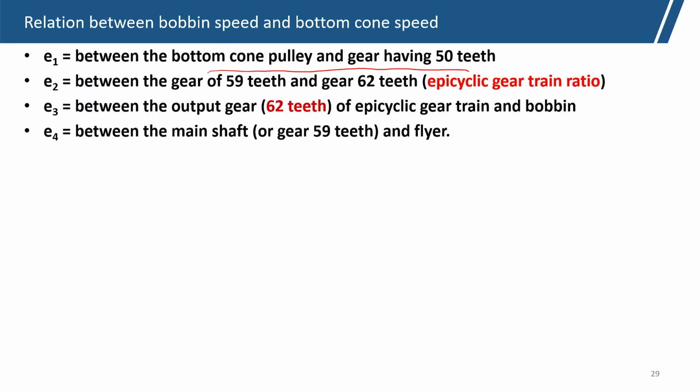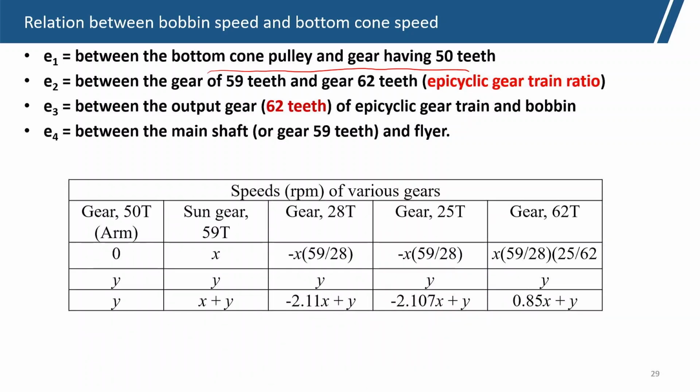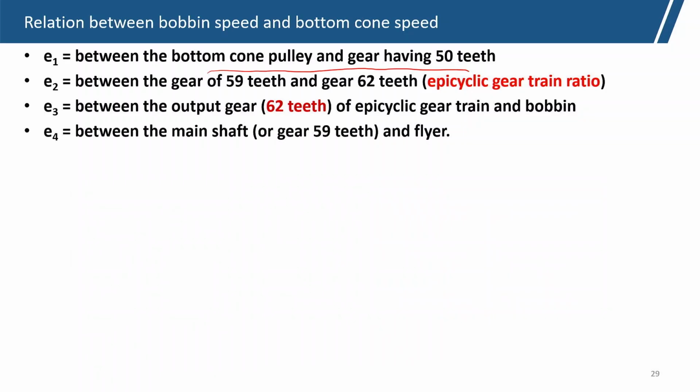E2 is the gear ratio between the 59 teeth and 62, that is the epicyclic gear ratio, and E3 is from the output of the epicyclic gear train, the 62 teeth, to the bobbin, and E4 is from the main shaft to the flyer.